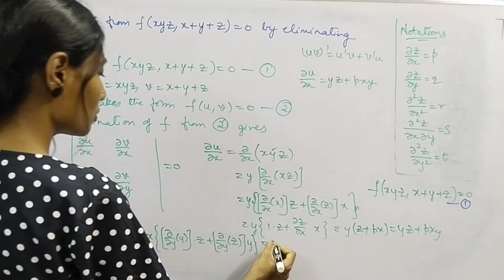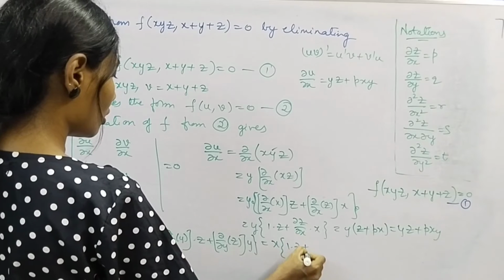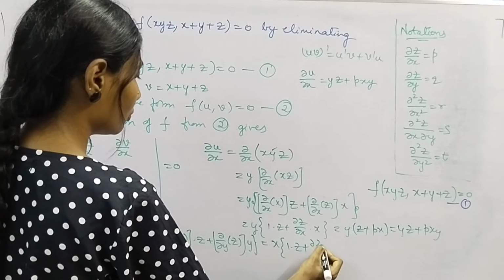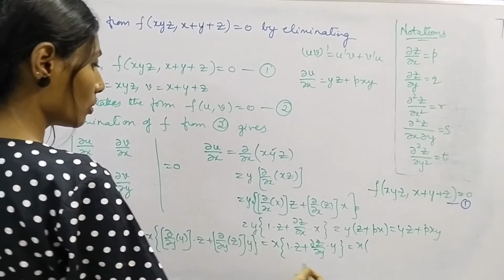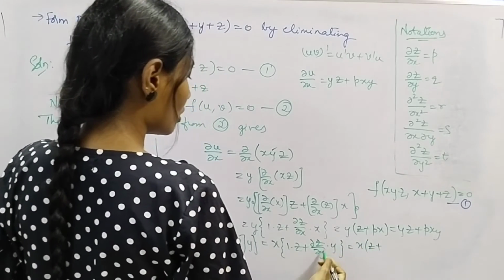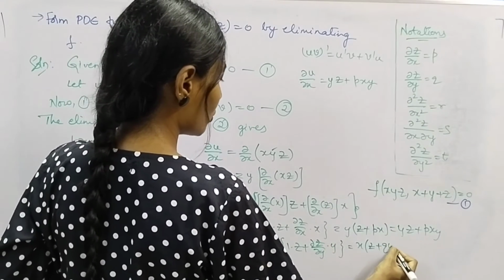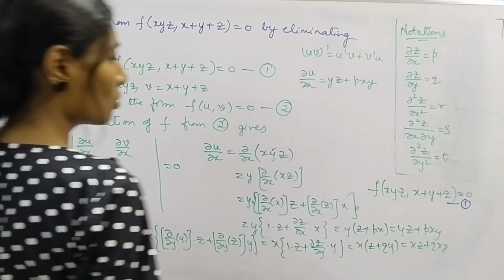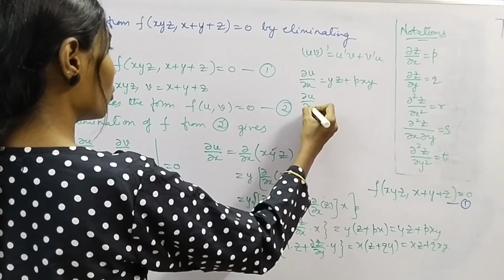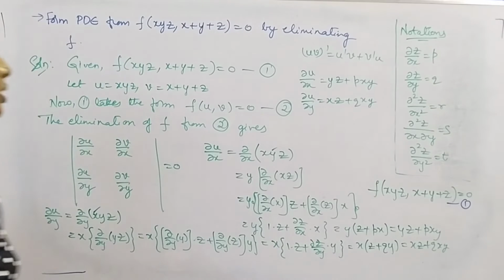This gives us x times (partial derivative of y with respect to y is 1 into z plus ∂z/∂y into y), which gives us x times (z plus qy), since we have the notation ∂z/∂y is q. You'll get xz plus qxy. We got ∂u/∂y equal to xz plus qxy. Now let's find ∂v/∂x and ∂v/∂y.